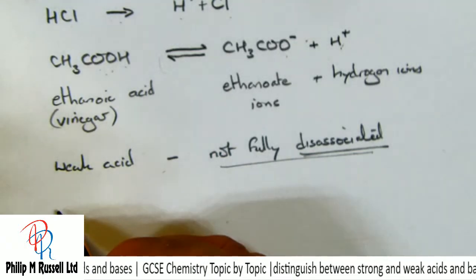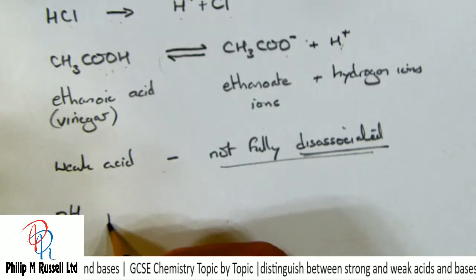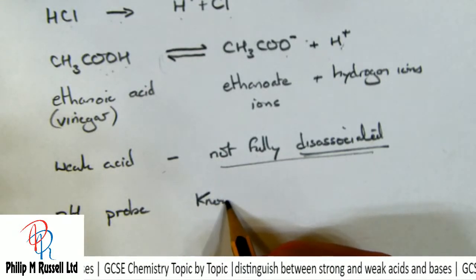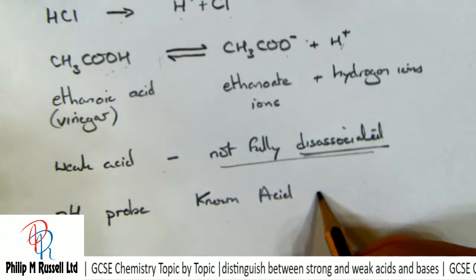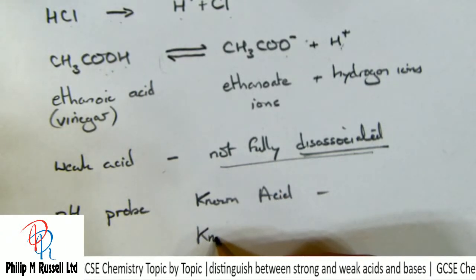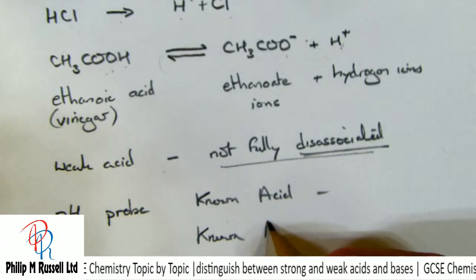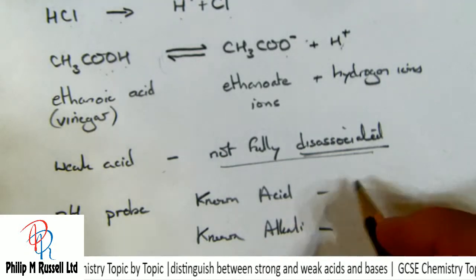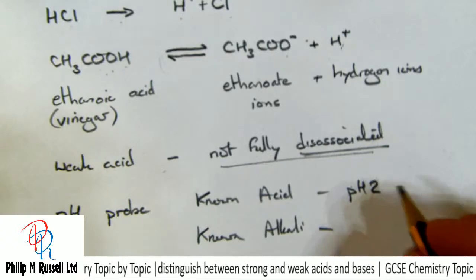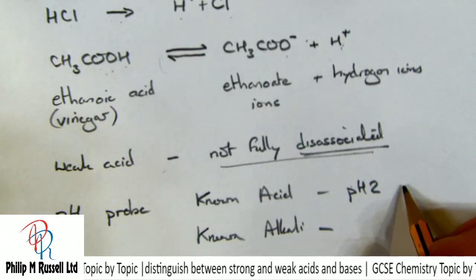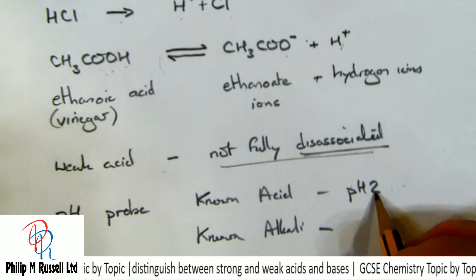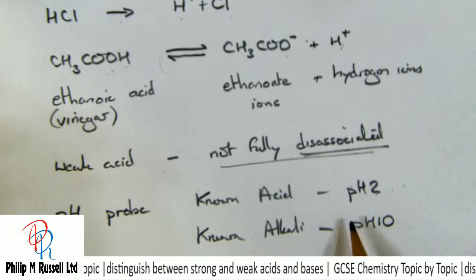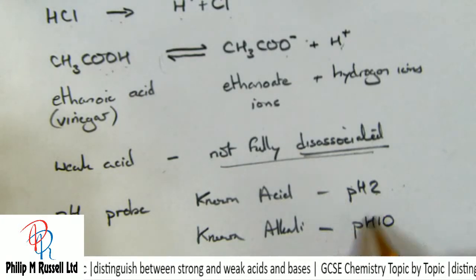Then what I can do is test my pH probe, and I put it into a known acid, and then I can put this into a known alkali, and when we've done that we can say, well, we know this is pH 2, and I can adjust my meter, so my pH probe, so it does read pH 2, and then I can put it into a known alkali, which is perhaps pH 10, and I can secure what they are.